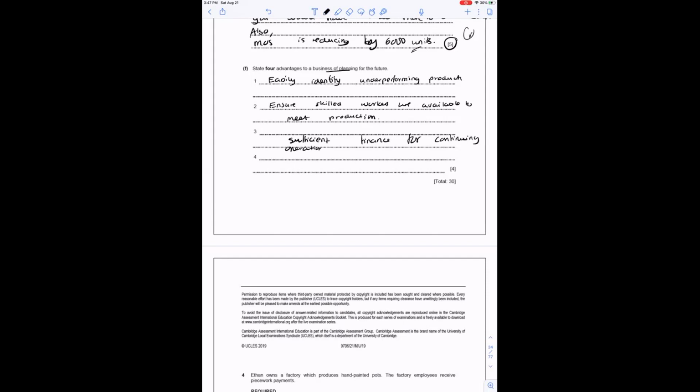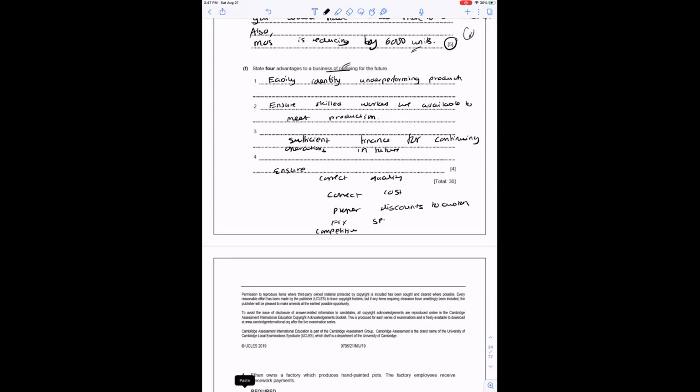What else could be the answer? What is the benefit of planning for the future? You could ensure that you are able to provide the correct quality of the product at correct costs so that you can give proper discounts to your customers, fix a proper selling price, and be competitive in the market.